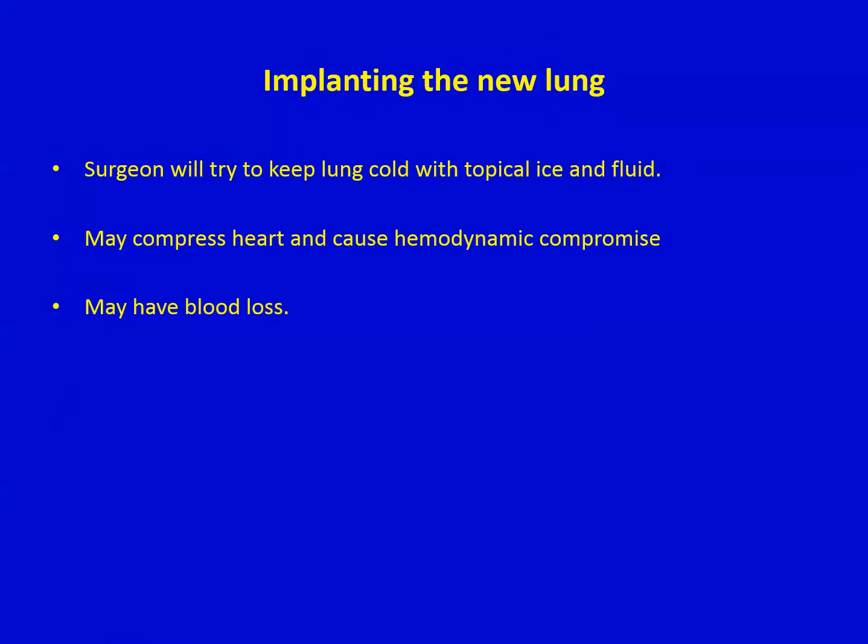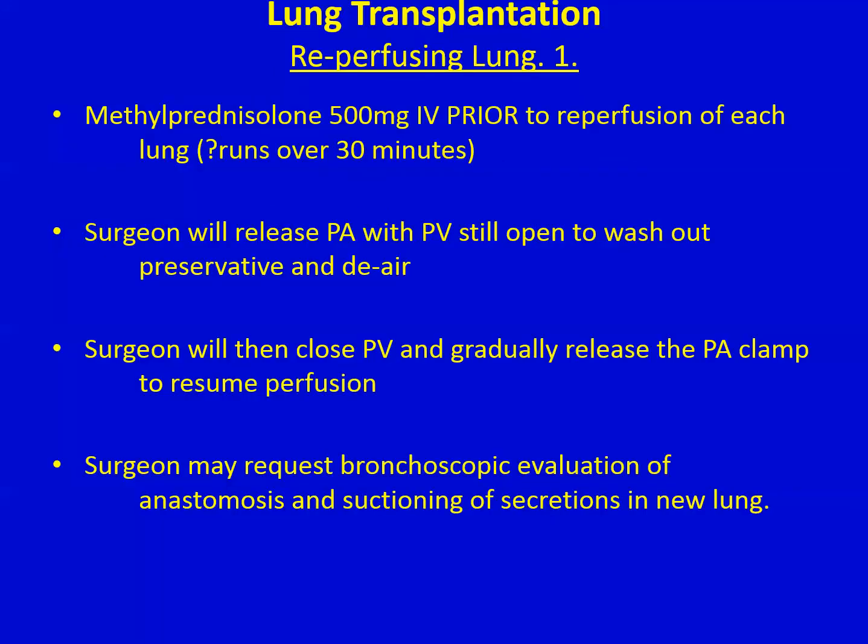While they are implanting the new lung, the surgeon will try to keep the lung cold with topical ice and fluid. They may compress the heart and lung and cause hemodynamic compromise, and they may have continued blood loss. Reperfusion is another important time. Patients are given methylprednisolone prior to perfusion of each lung.